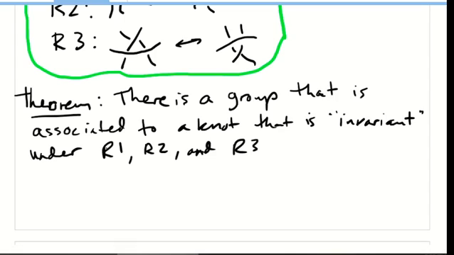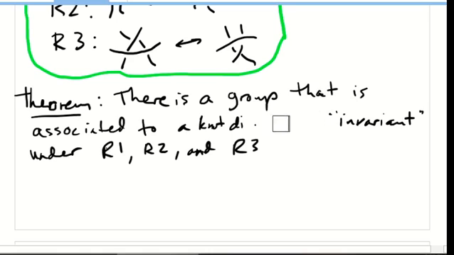Okay, well, I should say it's associated to a diagram of a knot. And so if it's invariant under those Reidemeister moves, then we say that it is an invariant of the knot type.